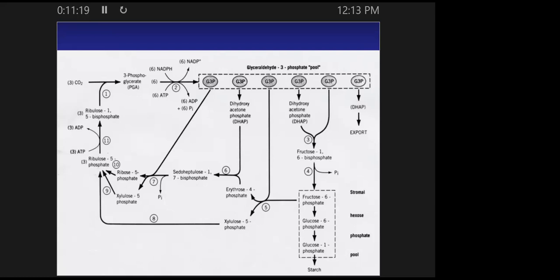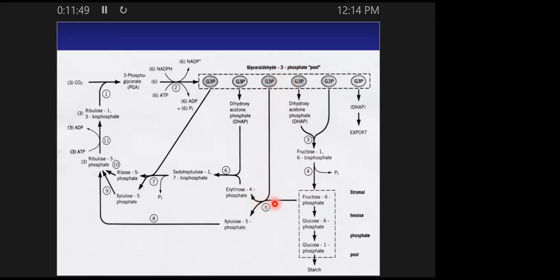So what do we have happening? So these are 3 carbon molecules. So you have 2 of these G3Ps, 3 carbons and 3 carbons, they react to give you a 6 carbon fructose 1,6 bisphosphate. All right, so those 2 react, and so you end up with a 6 carbon. Then what you can see is that fructose 6 phosphate, that 6 carbon, is going to react with another G3P.